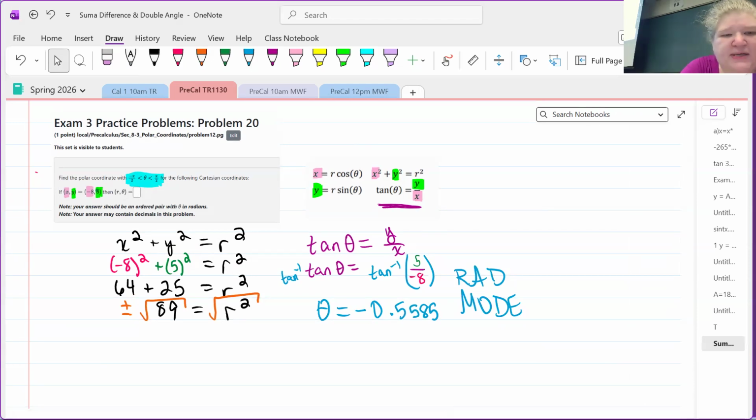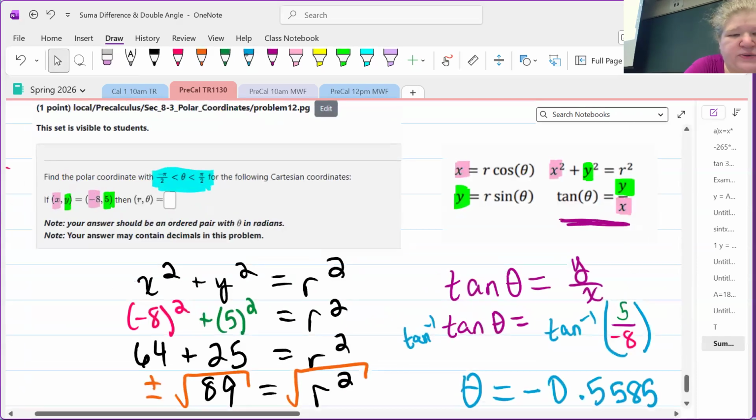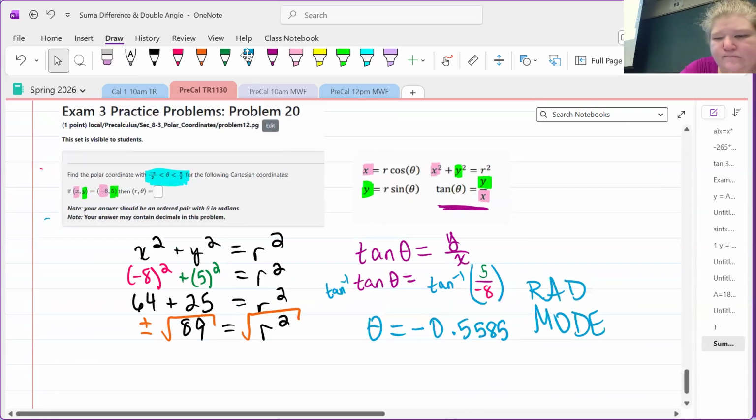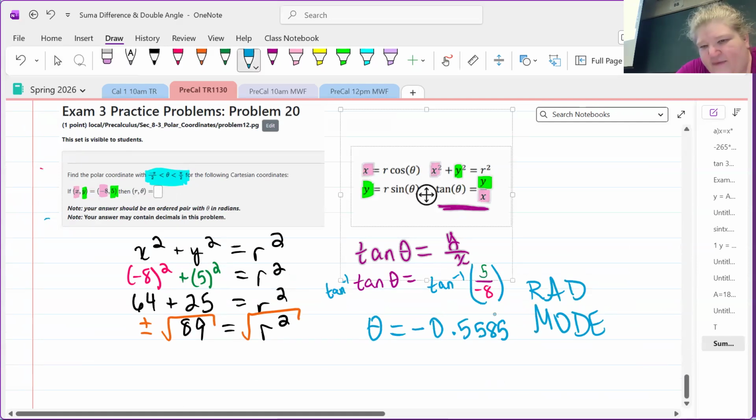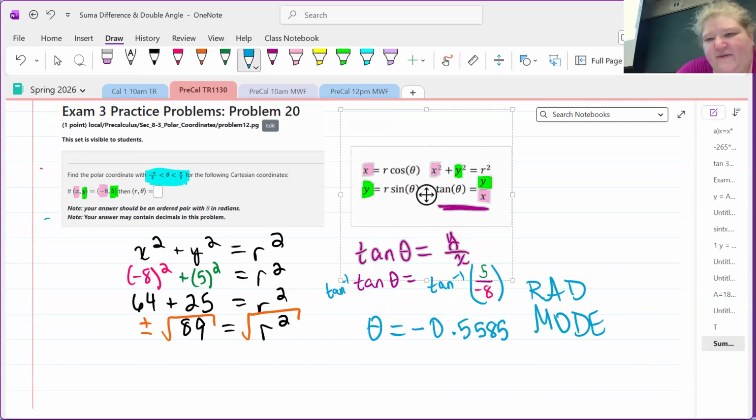Because the y is +5. Because that was our ordered pair. It was -8 comma +5. I mean, like, 5 divided by -8 is -5/8. If you type in inverse tangent and -5/8, it'll give you the same answer. Fair.